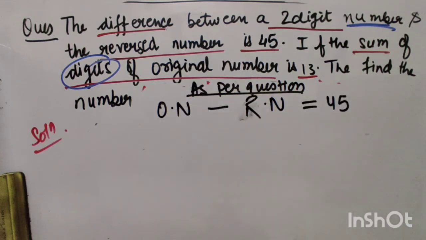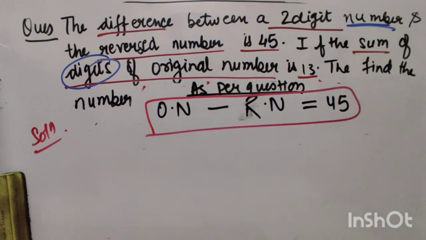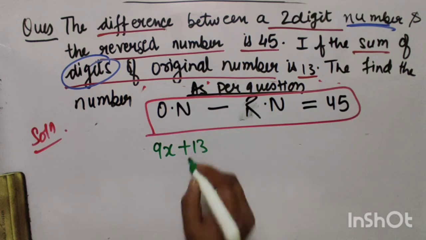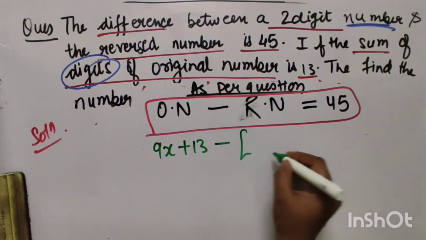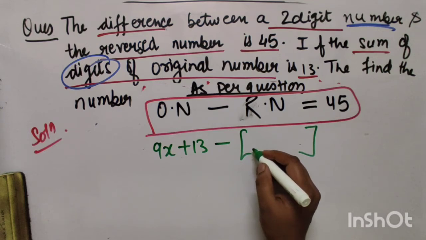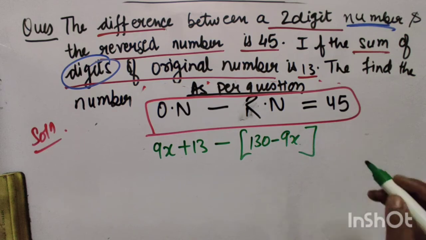So we have formed this equation. Now I'm going to plug in the values. My original number was 9x plus 13, minus, and my reverse number was 130 minus 9x.